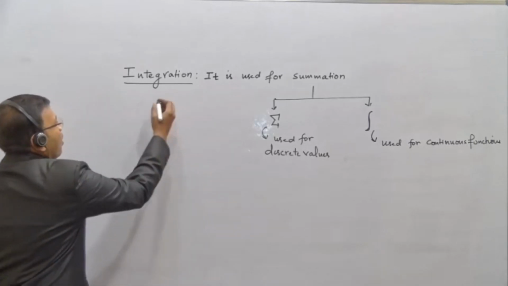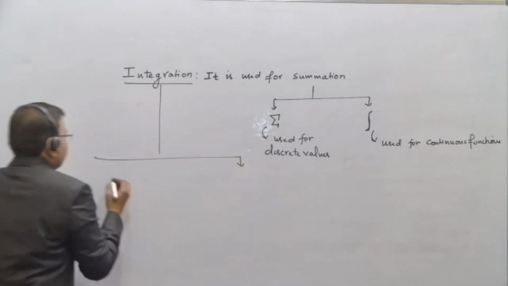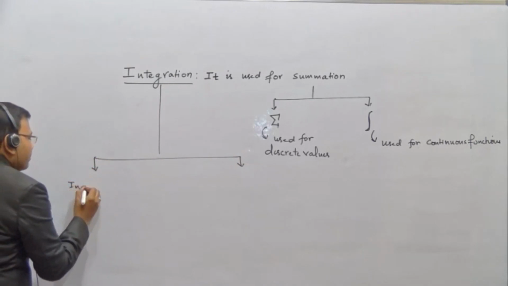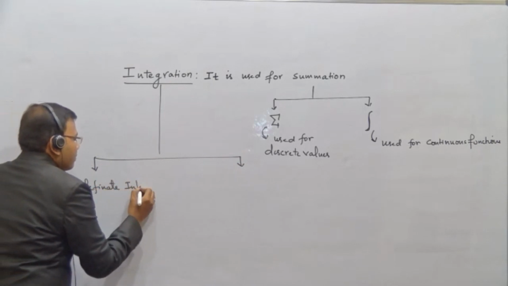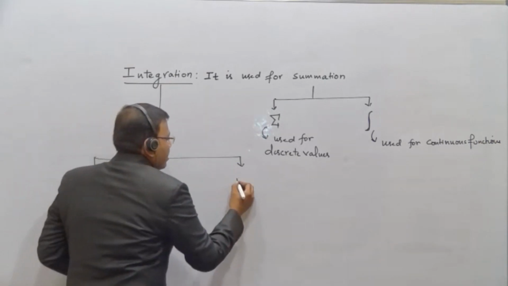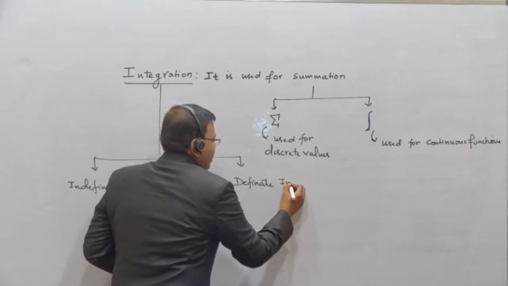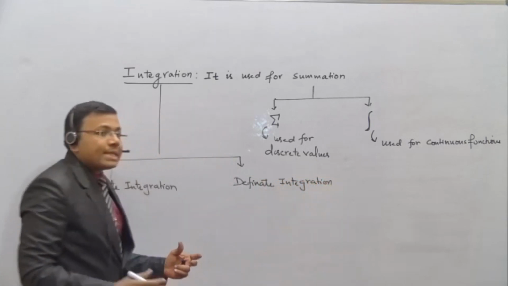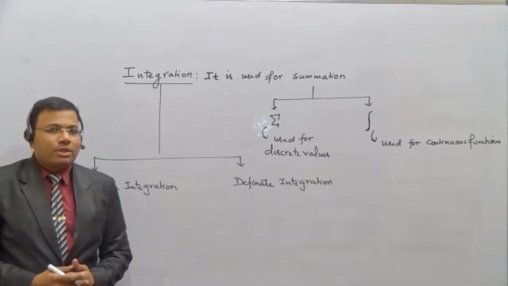Now let us go for this main point. How many types of integration do we have? The first one, indefinite integration, and the second one is the definite integration. So let us try to understand the difference between indefinite integration and definite integration.